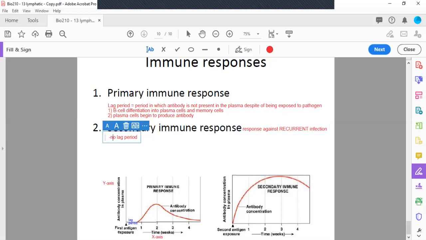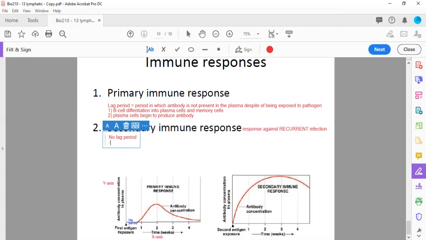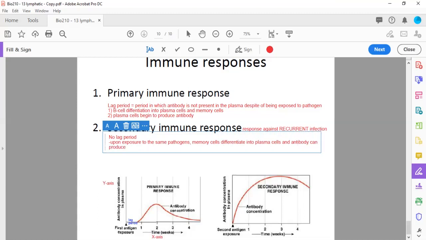What that means is that upon exposure to the same pathogen, the memory cells differentiate into plasma cells, and antibody can quickly be produced.